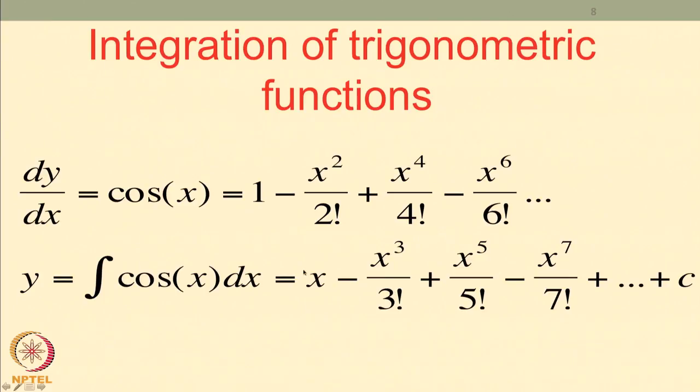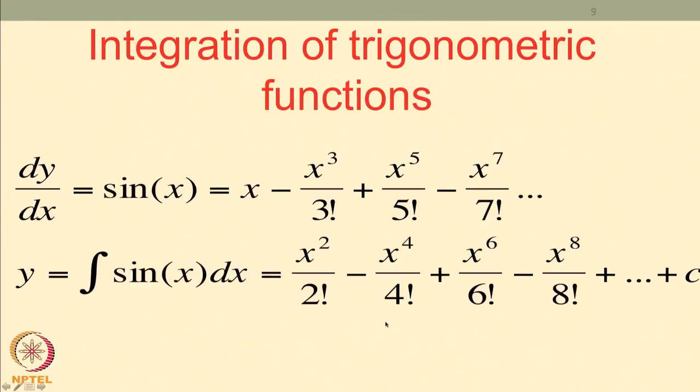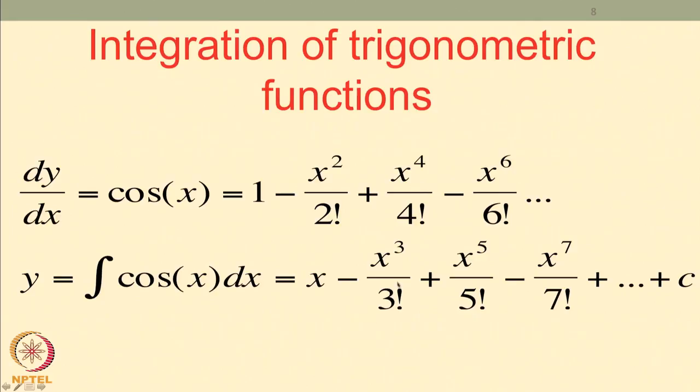So this has become x minus x cube by 3 factorial plus x power 5 by 5 factorial minus x power 7 by 7 factorial, and so on and so forth.